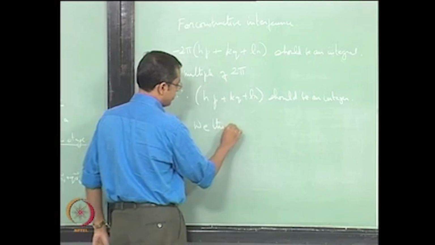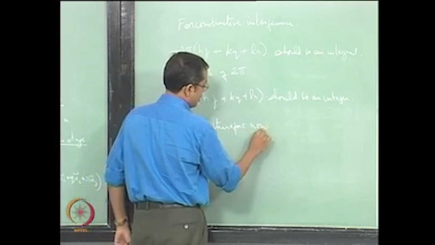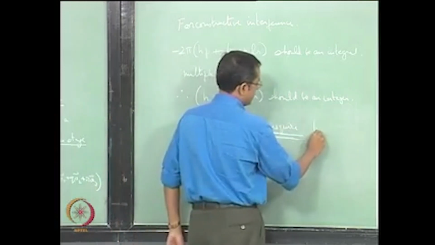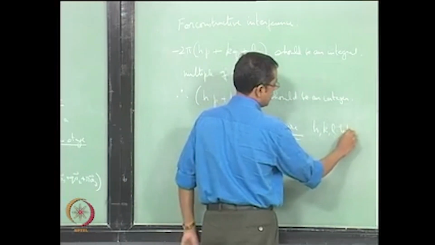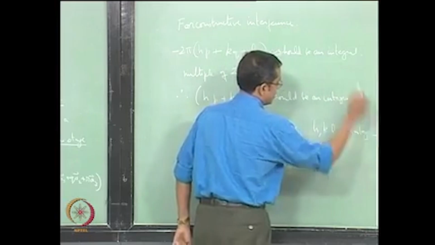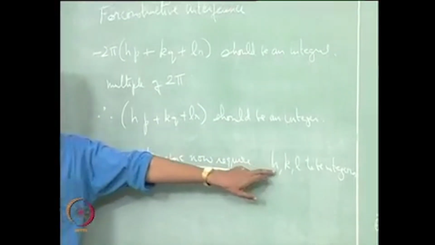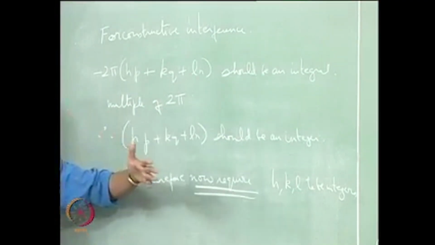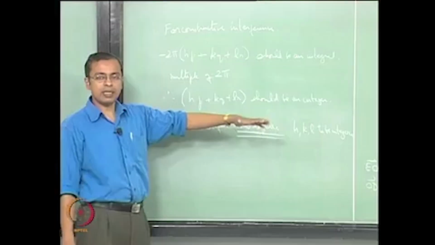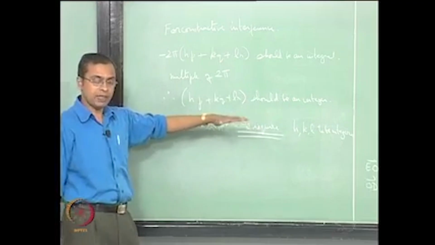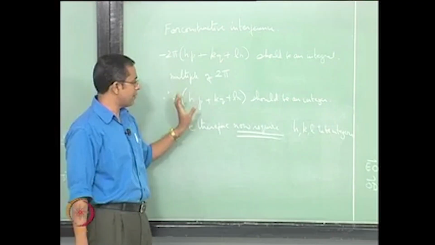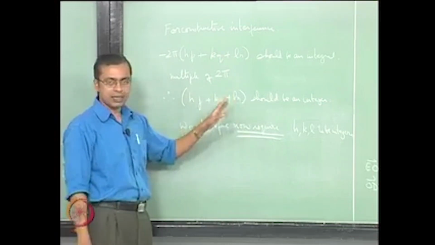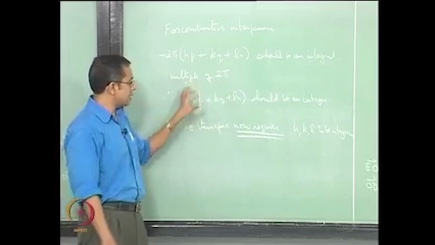H, K and L to be integers. In our derivation, originally H, K, L could have been anything, but the conditions that the interference places on these relationships create a situation where H, K and L are multiplied by P, Q and R respectively, where P, Q and R are integers, and that sum should be an integer.